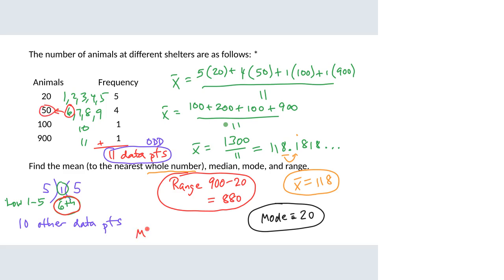And so the median of this data set is 50. As far as the poll goes, our mean was 118 and our median was 50. Let me know if you have any questions about finding those 4 different measures of central tendency from a frequency table.